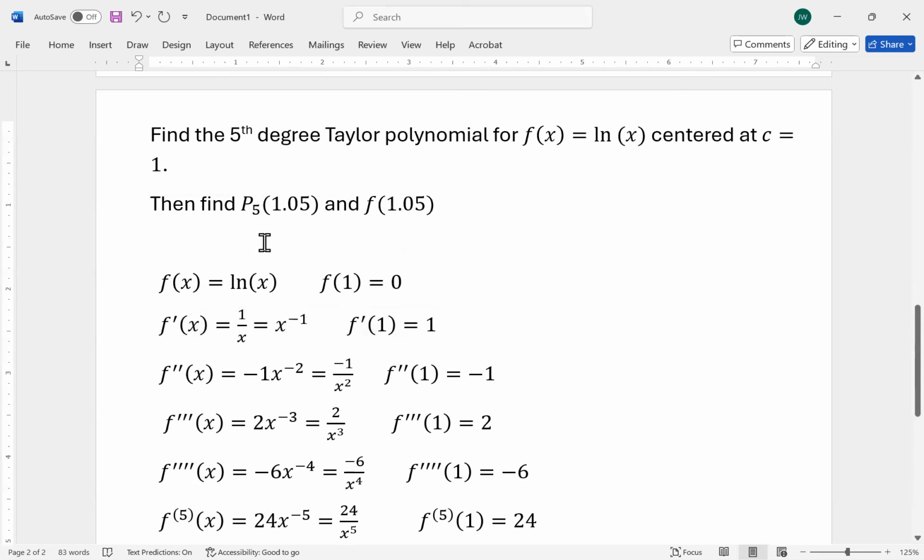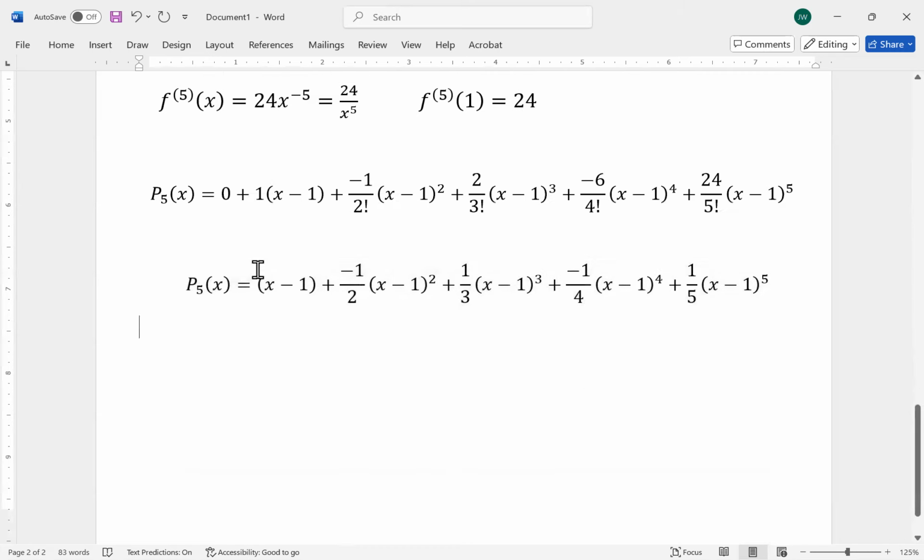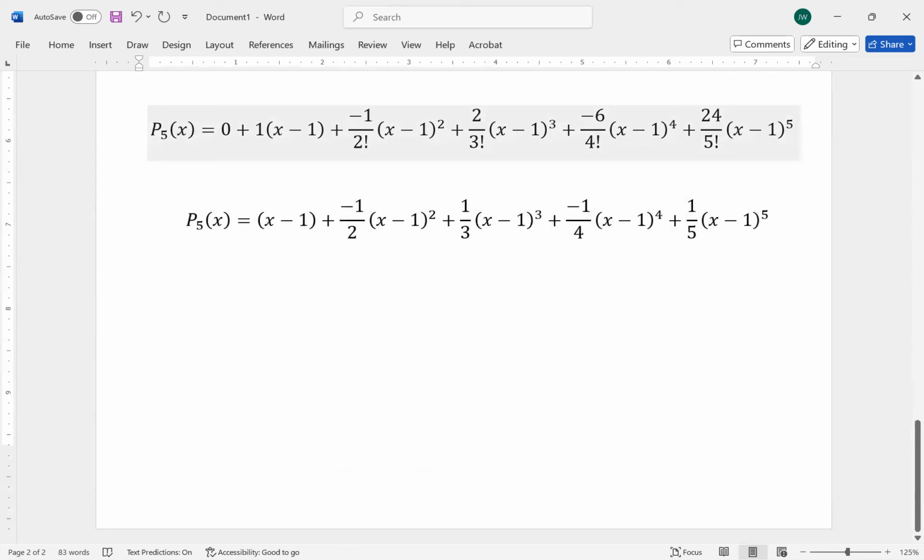Now, it also asks us to approximate at 1.05, both the function and the polynomial. This is something I will utilize my calculator for. When I plug in 1.05 into the function, that's the natural log of 1.05.